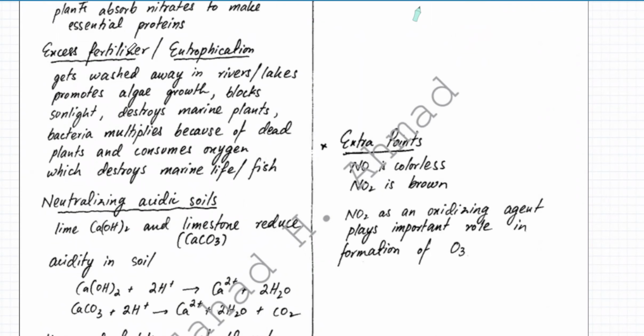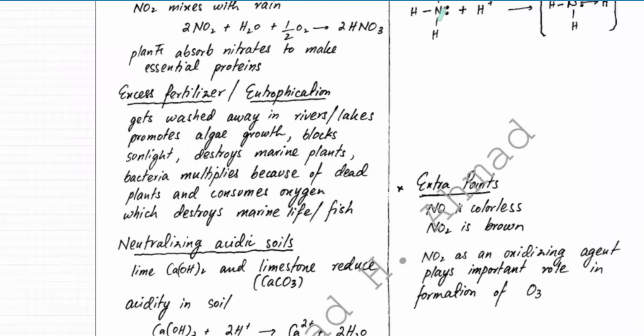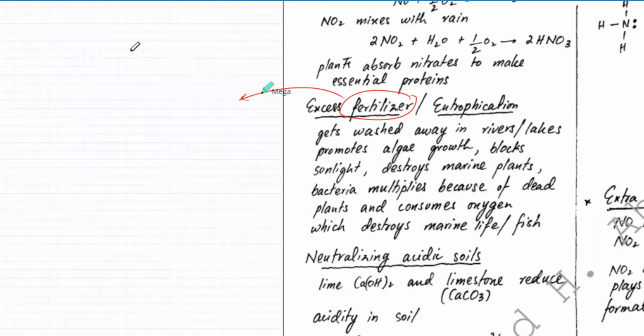What are fertilizers? That's one very important thing. Whenever you talk about fertilizers, most of your fertilizers are basically NPK salts, and they must be soluble, because plants need to absorb them, so they must be soluble at all cost.